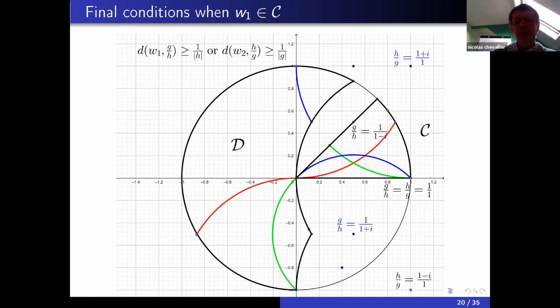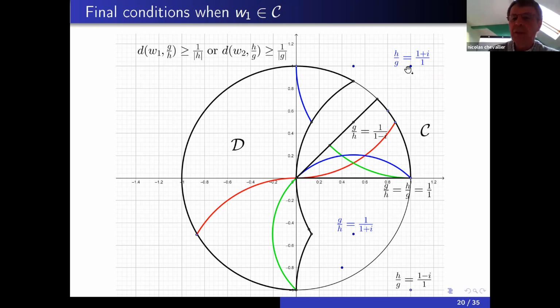In fact, if we suppose that W1 is in C, we have only 5 pairs of G, H to consider, and the 5 pairs to consider are 1, 1. We already talked about this pair. The pair also 1, 1 minus i here, and these are the 2 pairs which define D, and there are 3 other pairs.